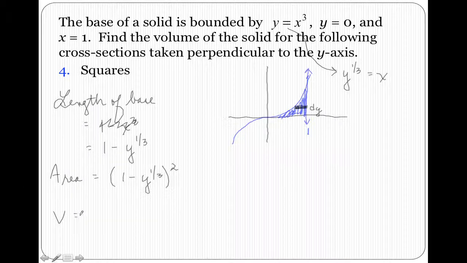So when we go to get our volume, now remember this time our limits of integration have to be y values. So the y values are going to extend from 0 on the bottom. We would have to know this point of intersection up here. That's the point 1, comma 1. So it's the y value of 1, but they are y values. So we're taking the integral of the area that we had.